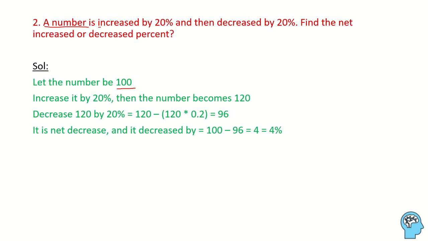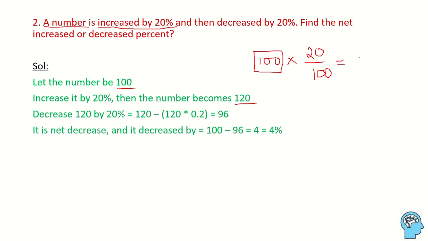The next step is it is increased by 20%. So if it is increased by 20%, the number becomes 120. Now how is that? 20% means 20 by 100 of the original number that we have assumed, which is 100.